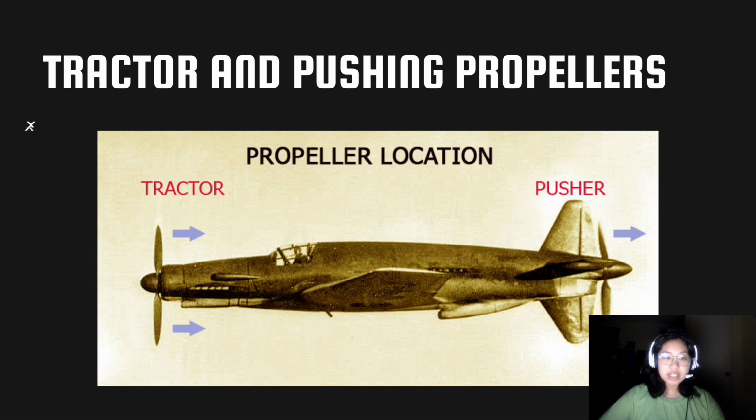In contrast to tractor propellers, pusher type propellers are mounted on the aft end of an aircraft, and they push an airplane through the air. Examples of aircraft equipped with this type of propeller are amphibious aircraft, because it would be very difficult to install a tractor type propeller on these specific types of aircraft.